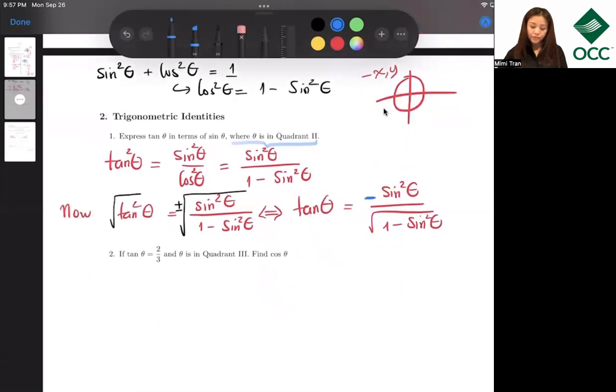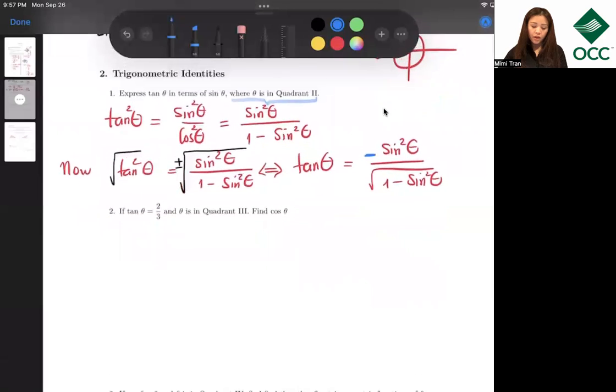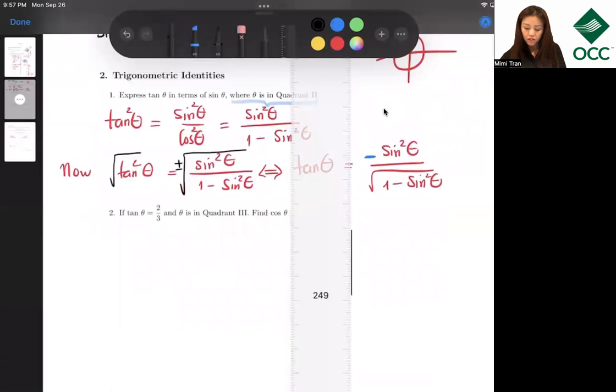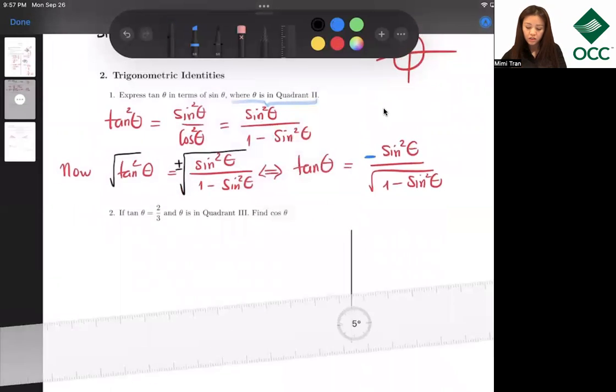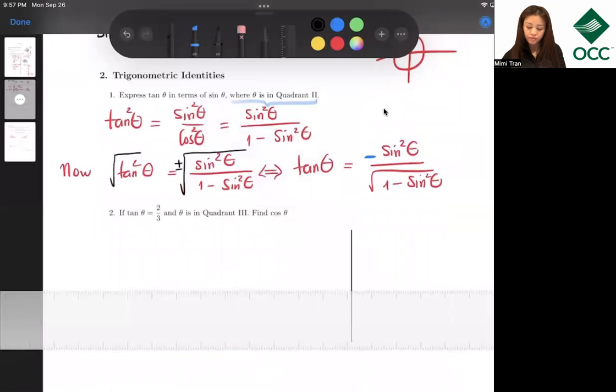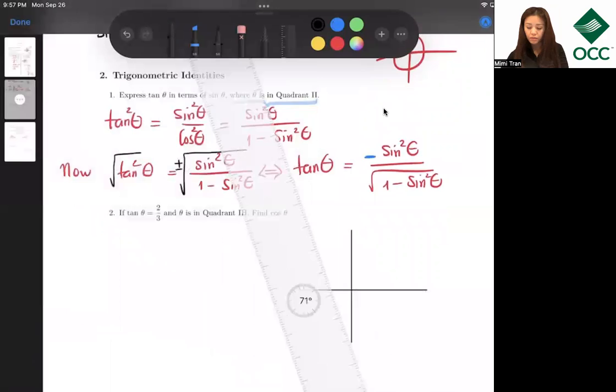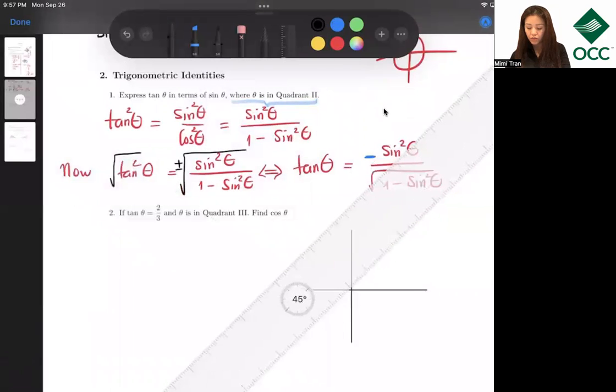Number 2: given tangent theta equals 2/3 and theta is in quadrant 3, find cosine theta. Since theta is in quadrant 3, I'm going to draw a right triangle in quadrant 3.